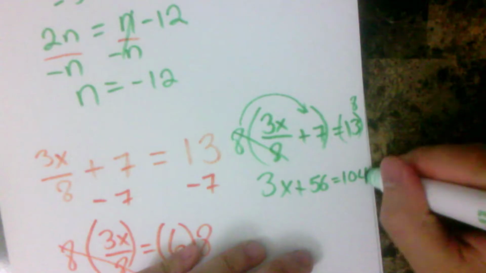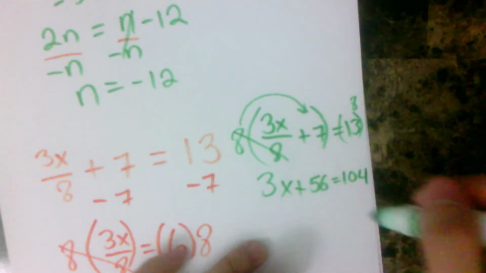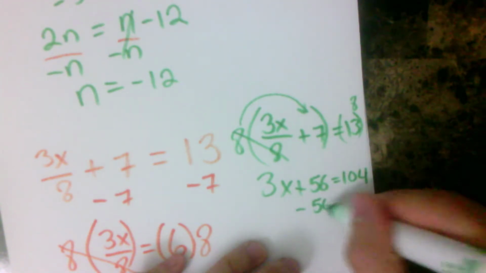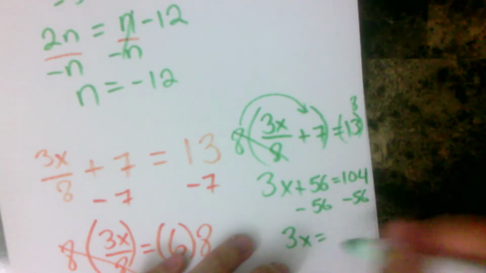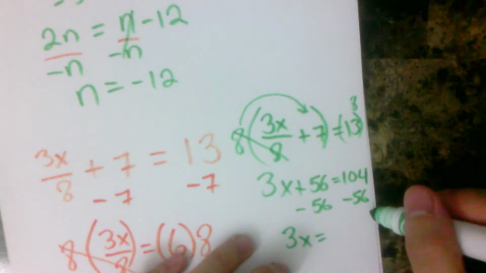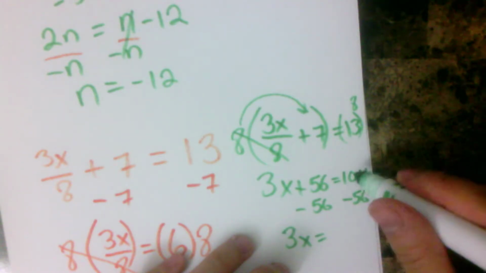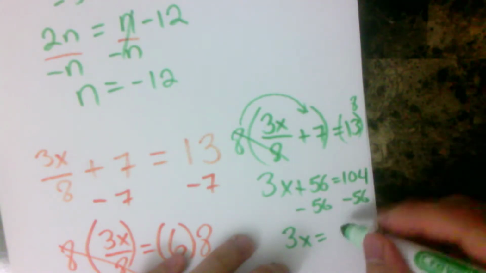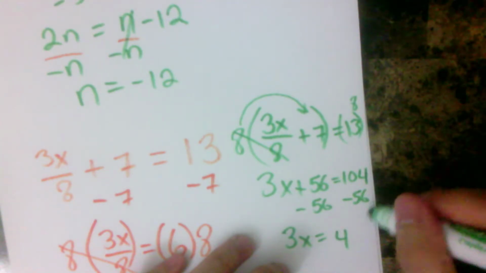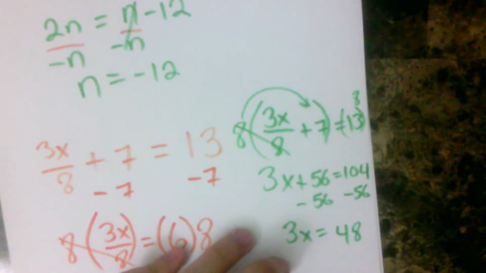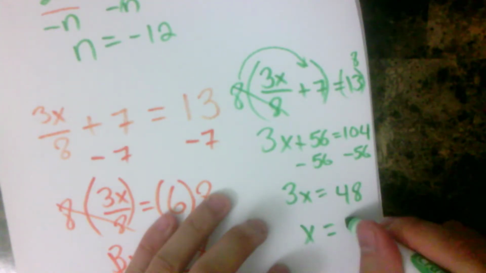So this becomes kind of a messy problem with much bigger numbers, but we could just subtract our 56. And then 104 subtract 56 is going to give you 48. And then you'll get that same x equals 16.